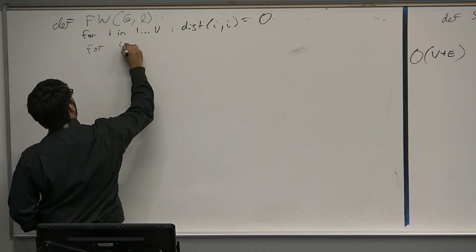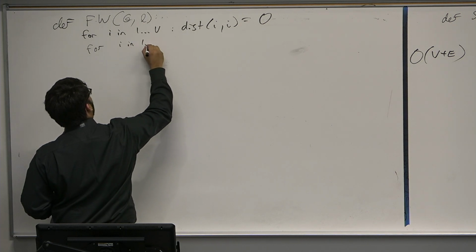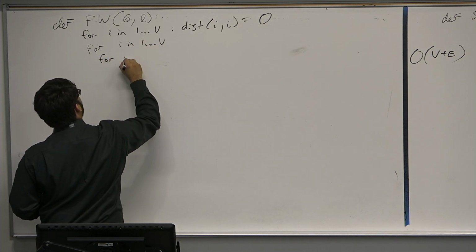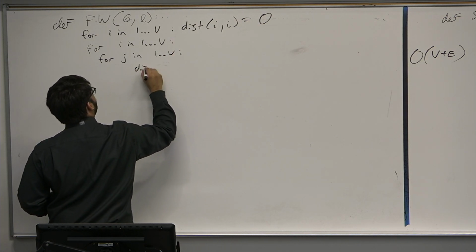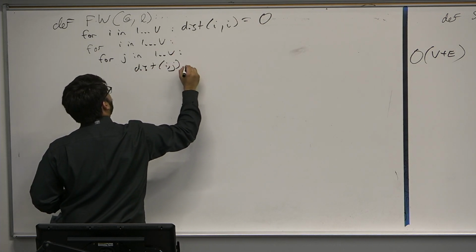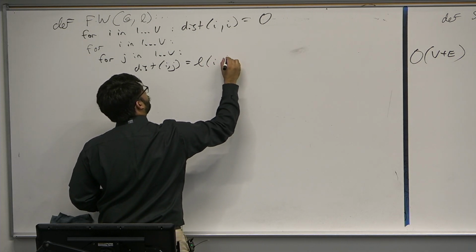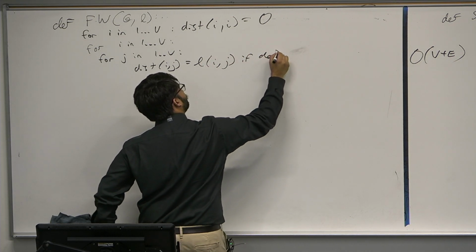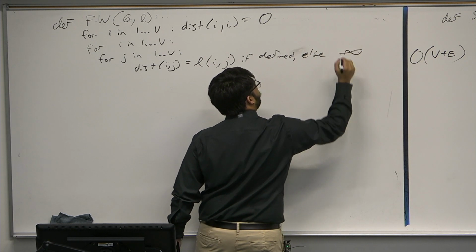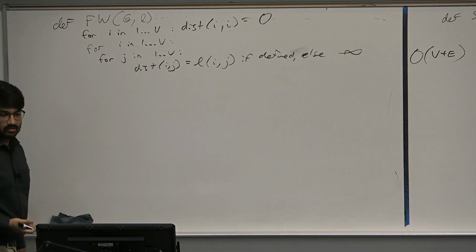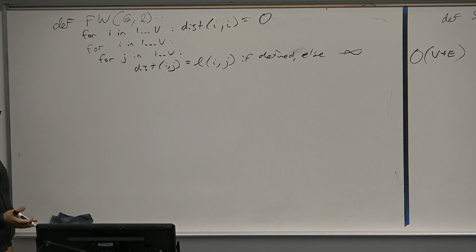For i in 1 to V, for j in 1 to V, dist ij takes on L of ij if defined, else it takes on infinity. This is loose and bad pseudocode, but if there's an edge from vi to vj, just put that as the current dist. We don't know if there's a shorter path yet, but we know there's an edge of length 1. So that's definitely a path, and we just initialize those.